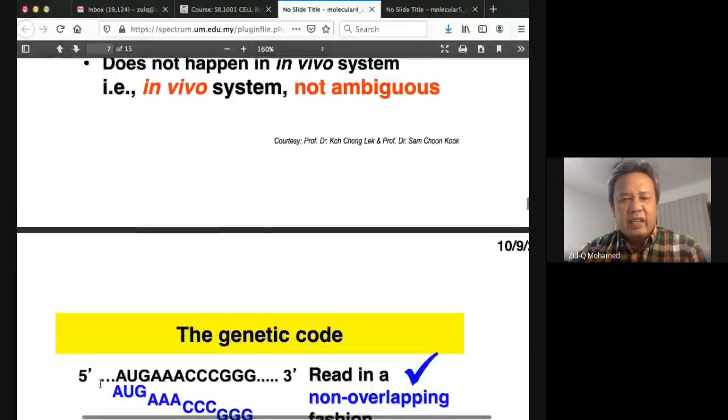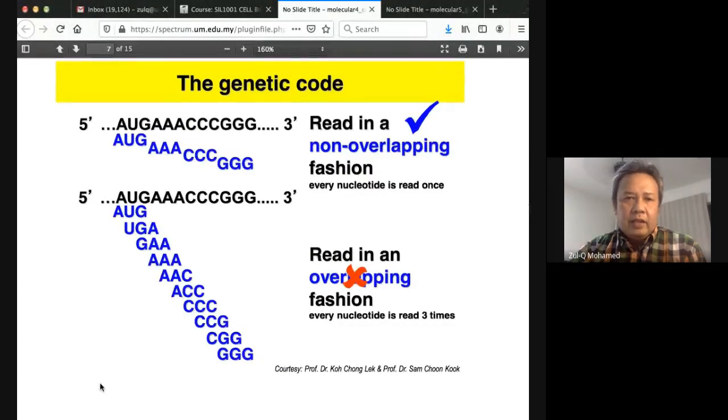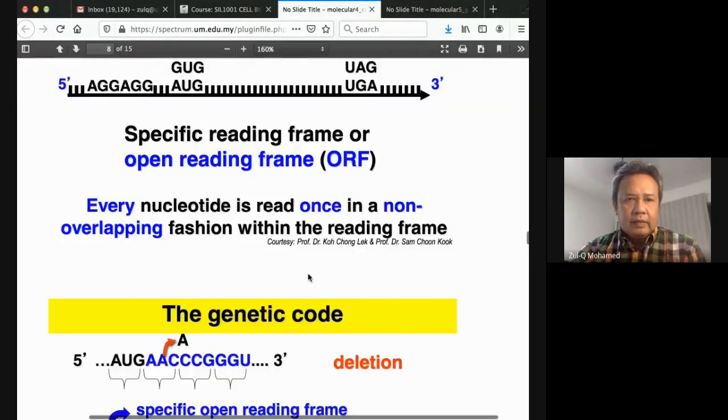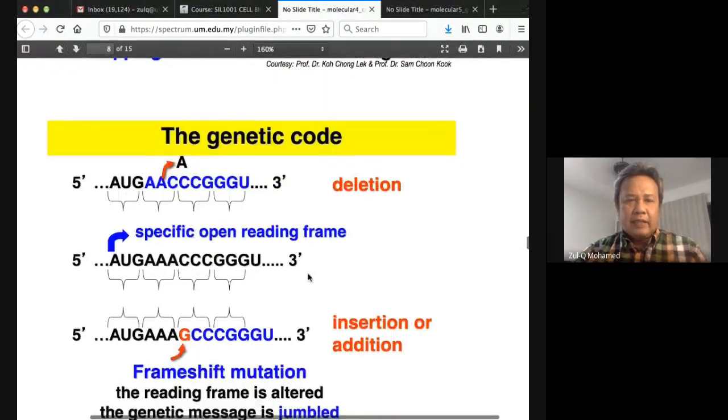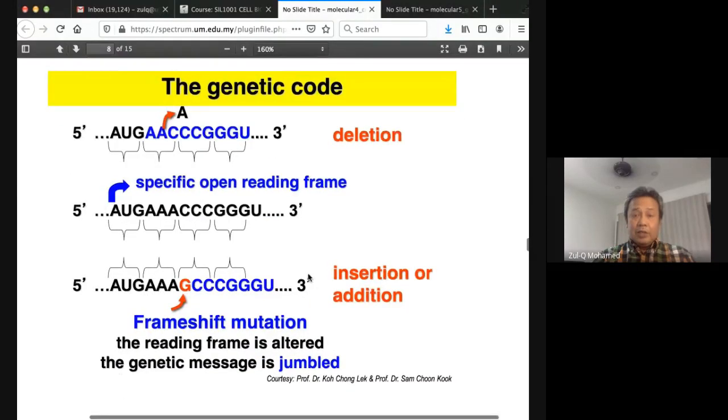So these are again the characteristics. What I mentioned earlier is non-overlapping. There's a specific reading frame. It starts off and then it just goes on 3 by 3 by 3 by 3. So you don't skip, you don't miss one or anything. And this is the basis of mutations as well.